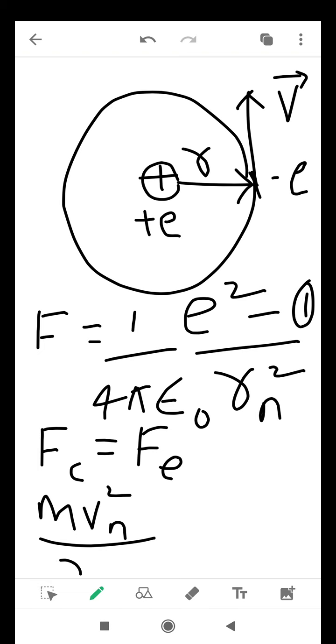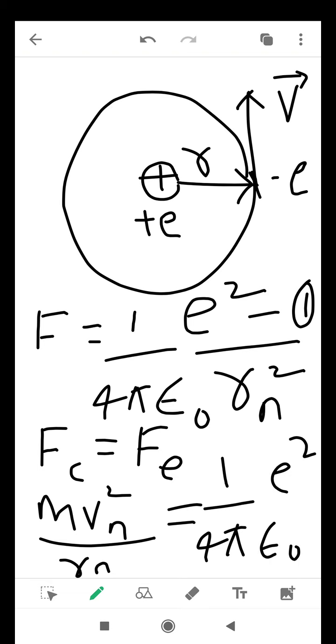That is equal to the Coulomb's force, 1 divided by 4 pi epsilon naught, e squared divided by r_n squared. Now we can cancel one r_n here.